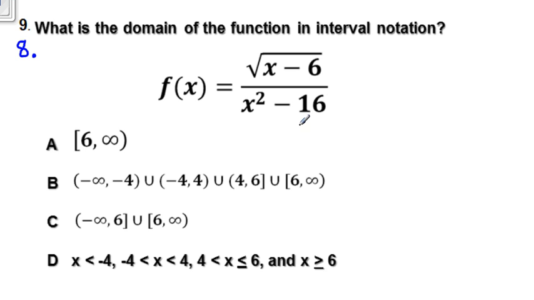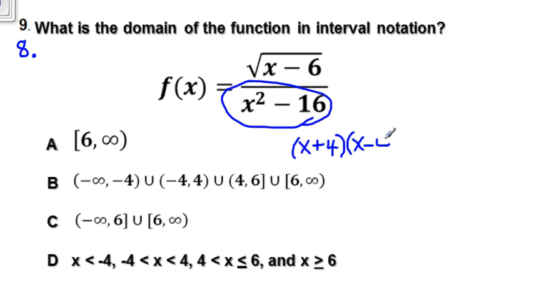If we take the denominator and set it equal to 0, we can break it up by difference of squares factoring to quantity x plus 4 times quantity x minus 4, and that would equal 0, which means that neither one could equal 0.